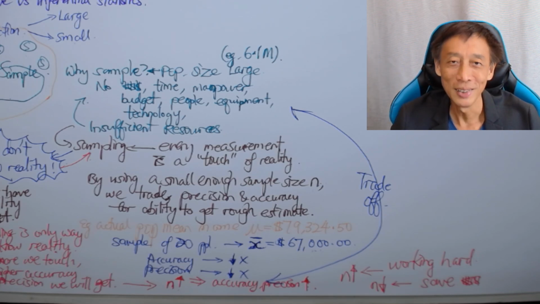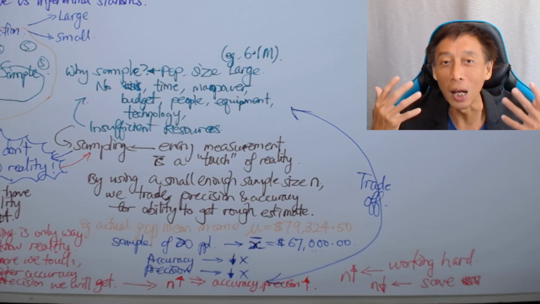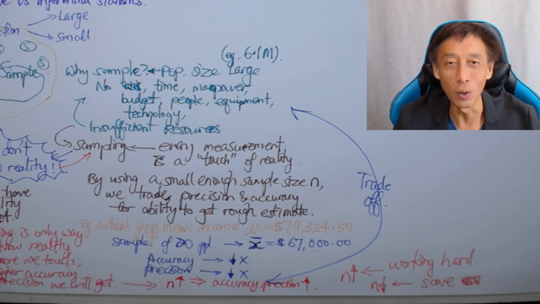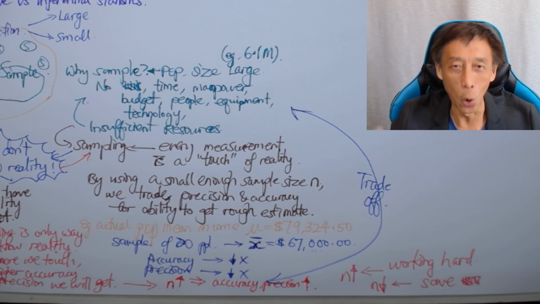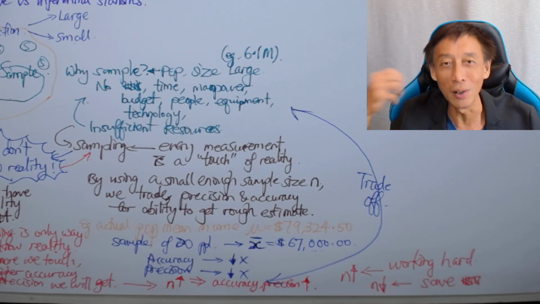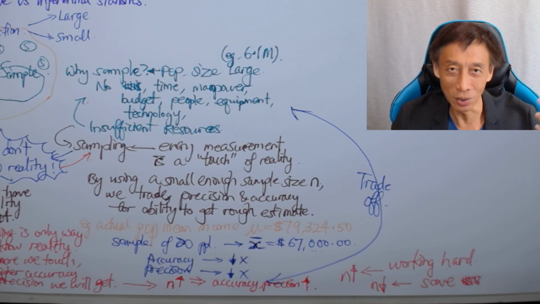Ask for their income, take the average, and then post in the comment. Now, you can imagine the labor, the chore, the effort, the tiredness associated with reaching out to 20 households, right? Knocking, talking and all that stuff before you can finish this exercise. As opposed to just knocking 2 times, 2 households. So n high literally means work hard.